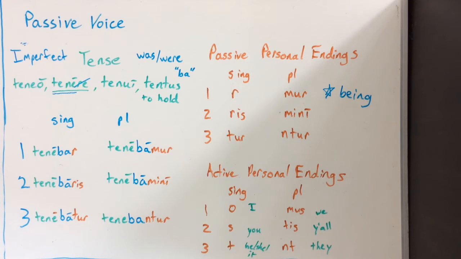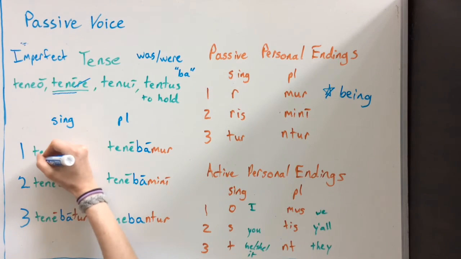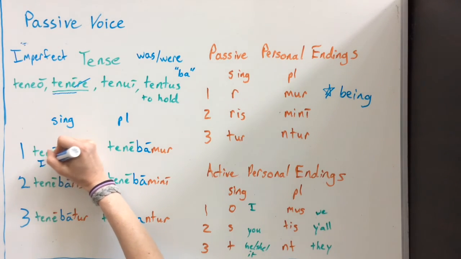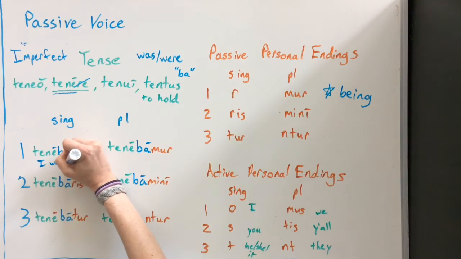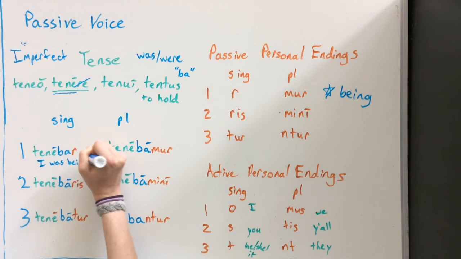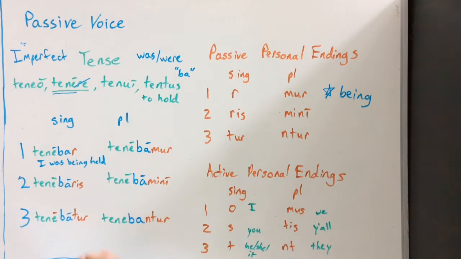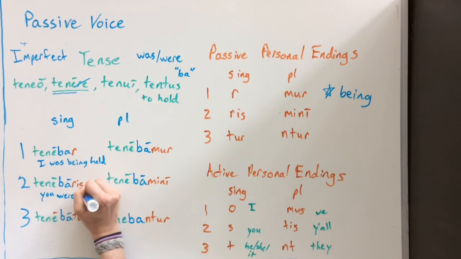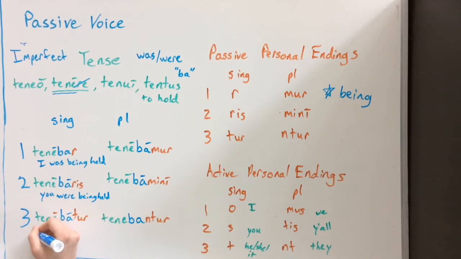All right, and let's look at the translations. We're going to run out of room just a little bit, so let's write them underneath instead. So tenebar would be I was being held. Tenebaris, you were being held. Tenebatur, she or he or it was being held.